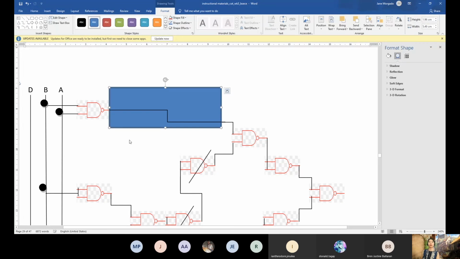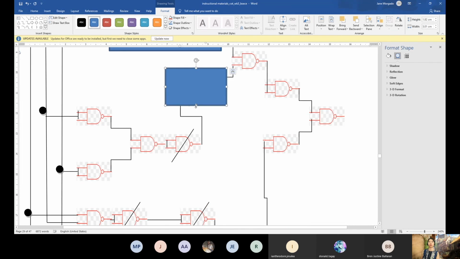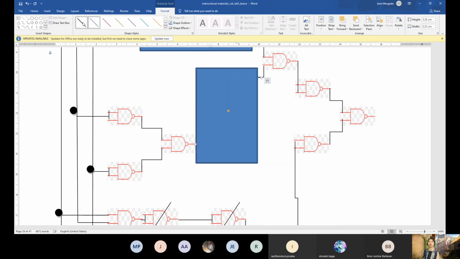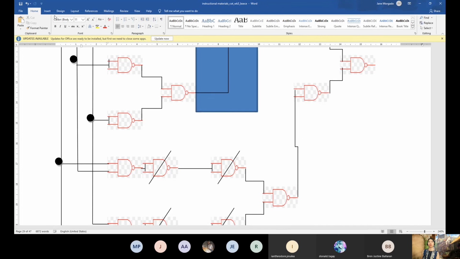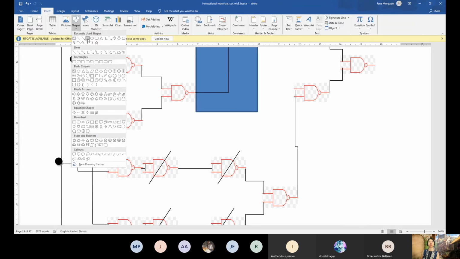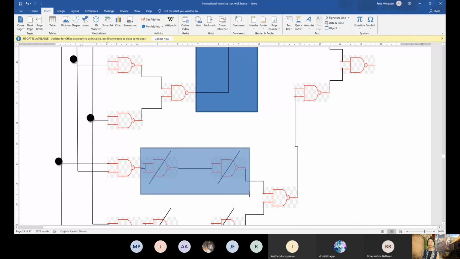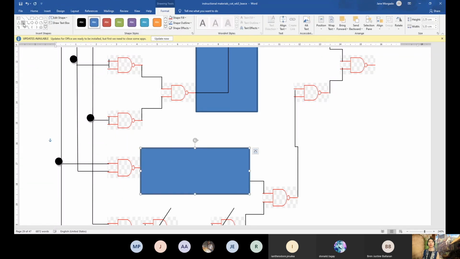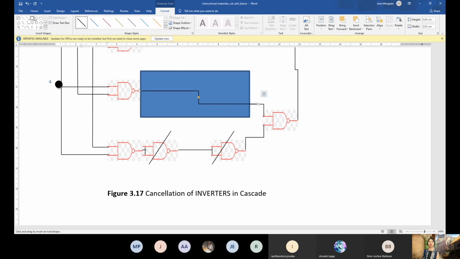Likewise, here, let's remove this, and this one also, and then connect this here. I remove this one, and this one.